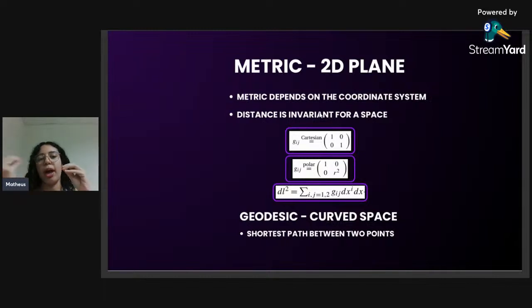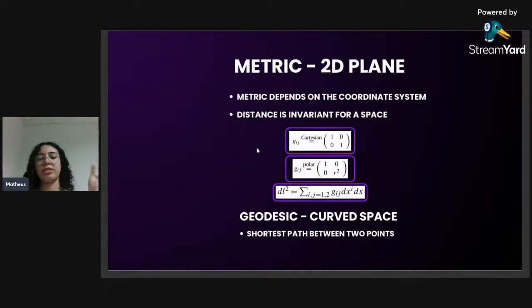That's why for the same 2D plane we have different metrics. But another characteristic is that the distance is invariant for a space. That means the distance that we measure with the metric is independent of the coordinate system.